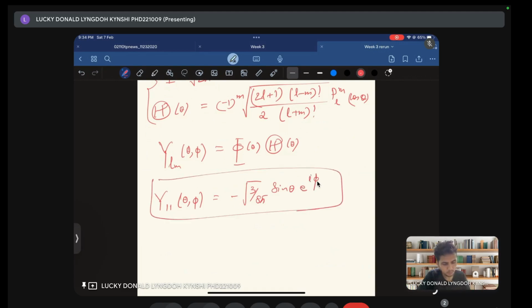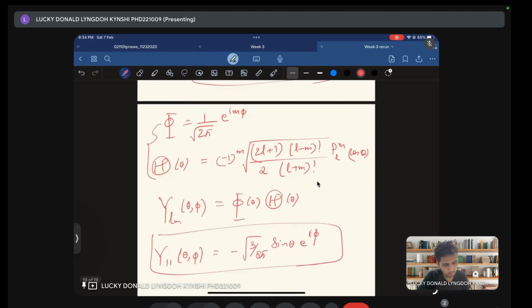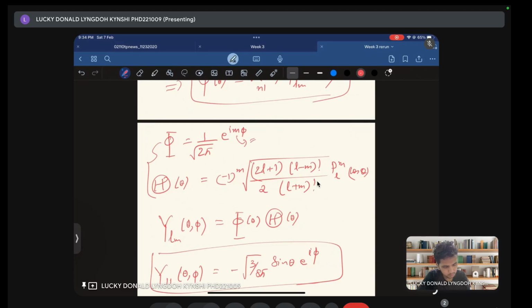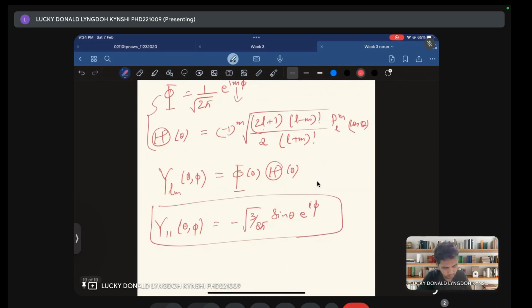That means what you need to do is just substitute the value of l and m here. So l is equal to 1, m is equal to 1, and you will get this type of equation. And if l is equal to 2, m is equal to 2, and so on, you will get different Y values.